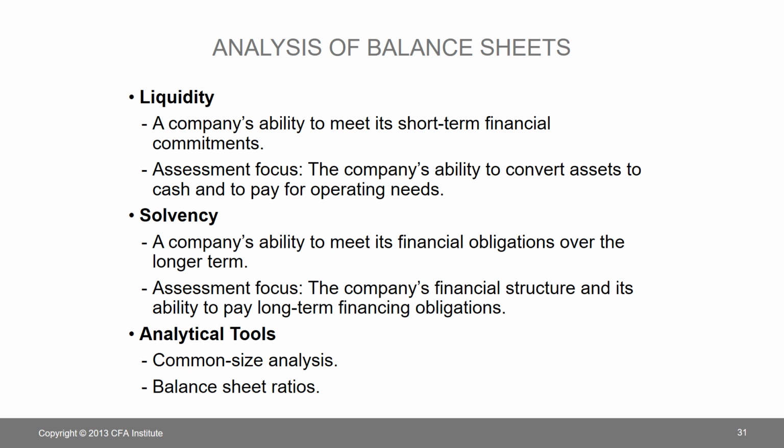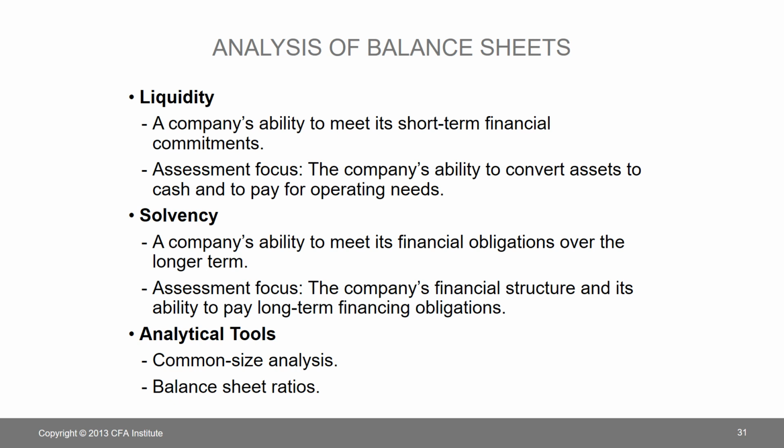Now, for the tools that are normally used to analyze balance sheets, we have two main tools. The first one is common size analysis, just like we've done with the income statement, where we use percentages to represent each item relative to the top line item in the income statement.